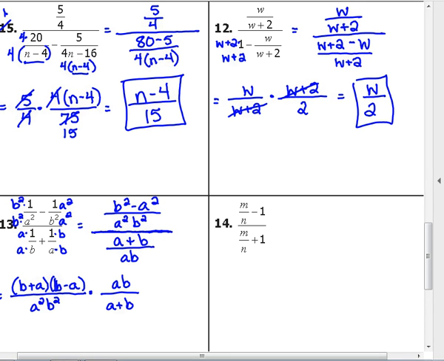Now I know it doesn't look exactly the same, but b plus a and a plus b are the same thing. Okay, the order of addition does not matter. So we can cancel those factors out, and we can cancel out one of the a's and one of the b's in the denominator with the ab in the numerator. So what we are left with is b minus a in the numerator and a times b in the denominator.